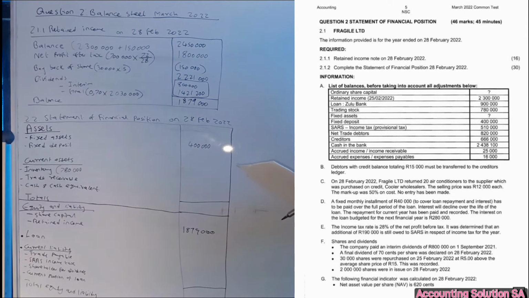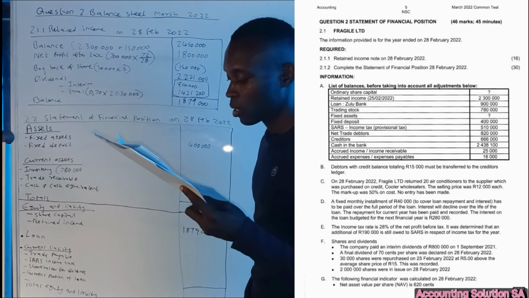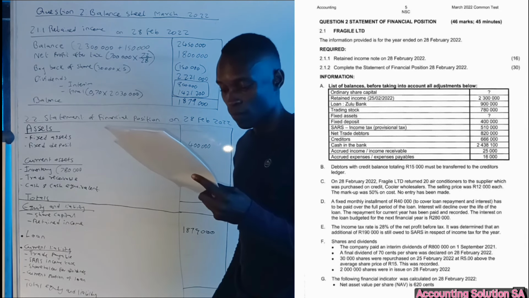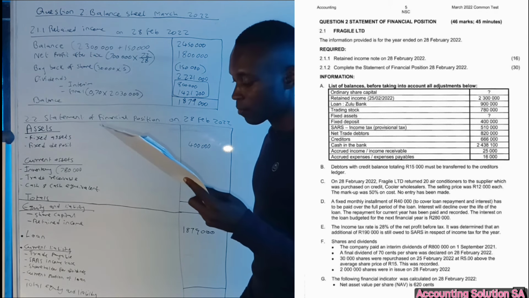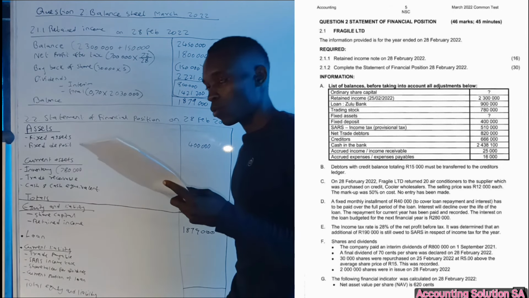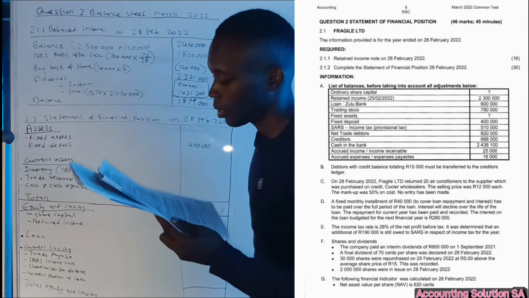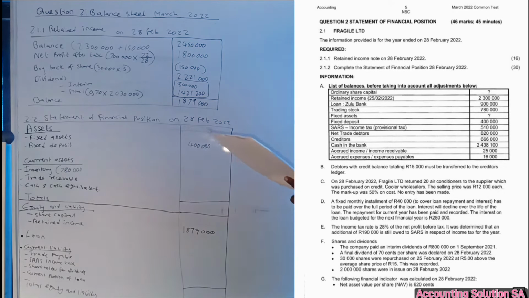Transaction number 2: on 28 February 2022, Fragile Ltd returned 20 air conditioners to the supplier, which were purchased on credit, a cooler wholesaler. The selling price was 12,000 each and the markup was 50% on cost. So a customer has returned.